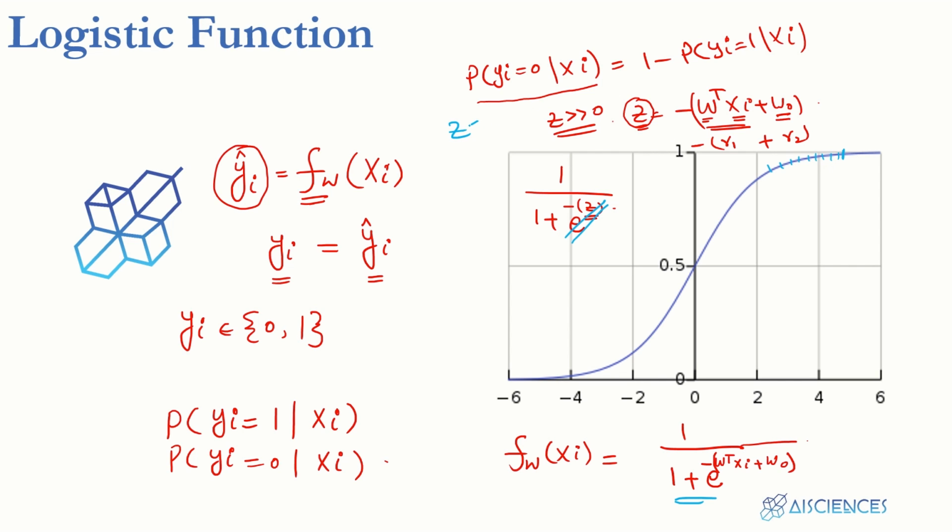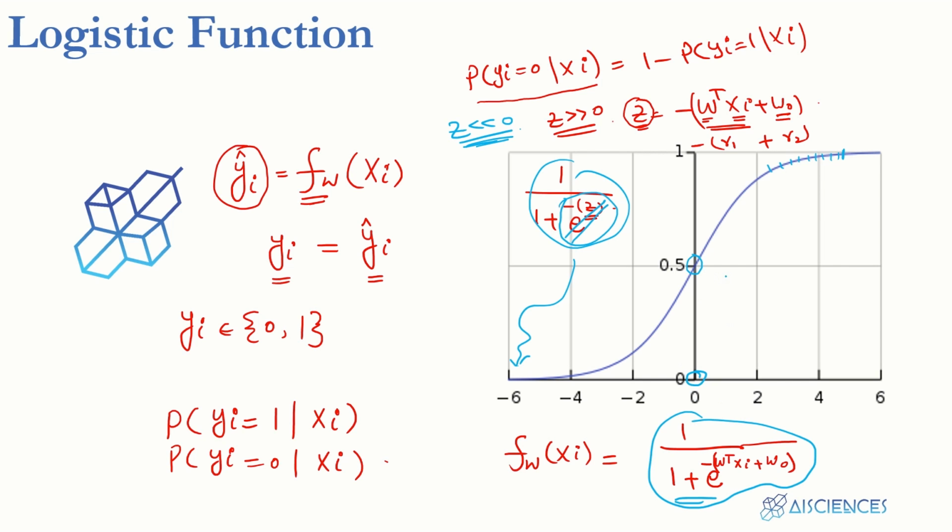On the other hand, if z is really small and a negative number, then 1 over 1 plus e raised to minus a negative number, which is very big, and the whole fraction squeezes to 0. So this particular function has the property that the values are between 0 and 1. If the z values are negative and big in magnitude, the output is very close to 0. On the other extreme, the output is very close to 1. And if z is exactly 0, the output is 0.5.